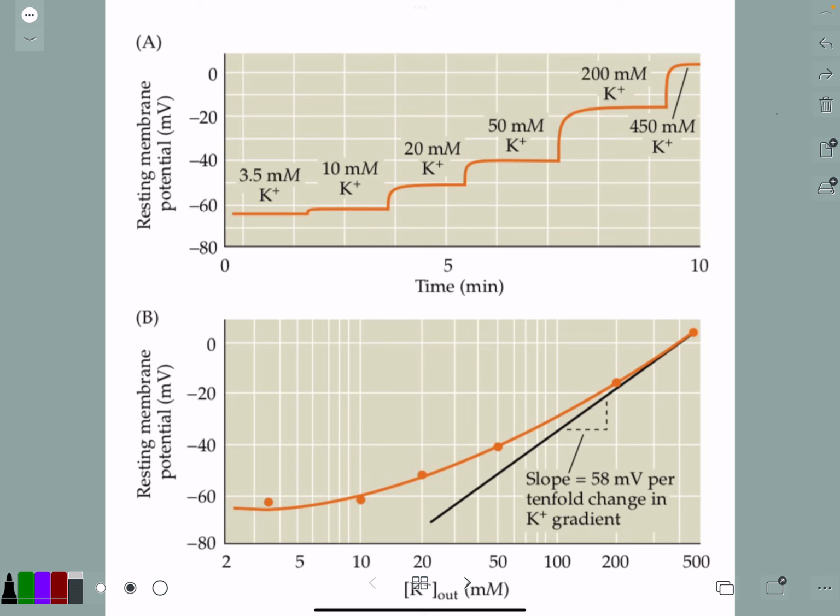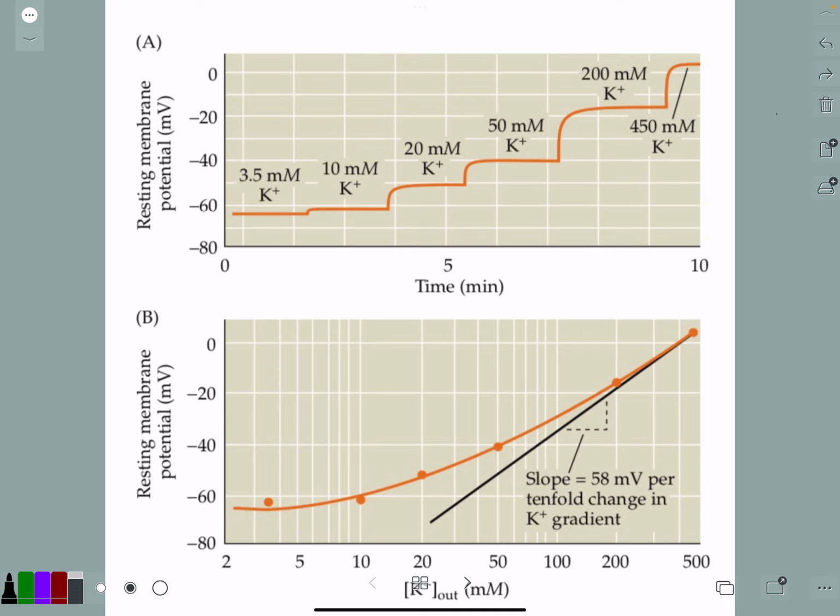So they suspected that potassium might be responsible for the resting membrane potential. They thought, well, since the membrane is already really close to what we would expect if potassium were permeable, maybe that's what's causing it. Maybe potassium is the most permeable ion across this squid axon membrane.